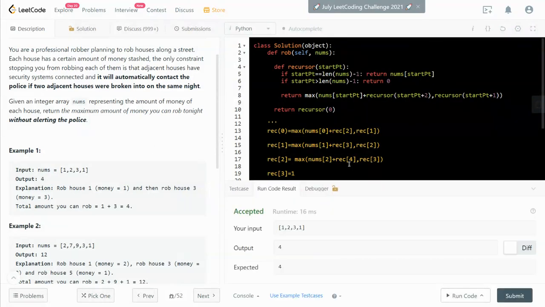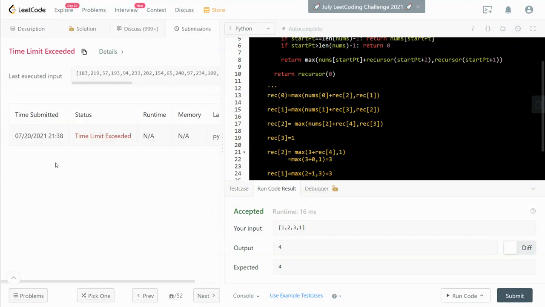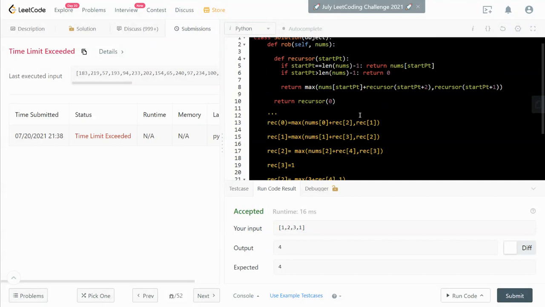So this method works, but because it's not very efficient, we have a lot of repetitive steps. That's why this is not accepted by Leetcode. And we can improve on that by using dynamic programming, because as you can see, a lot of intermediate steps are repetitive. So we can save those intermediate steps, because this number is not going to change when we come back to those questions.